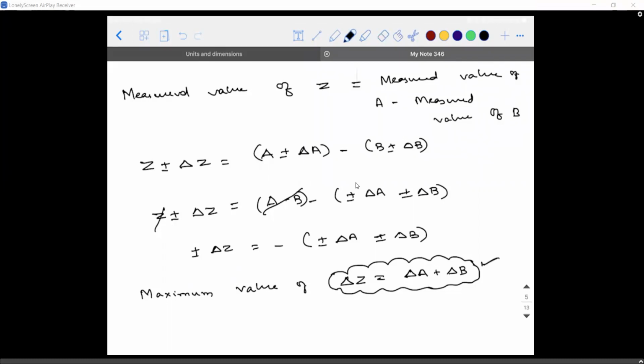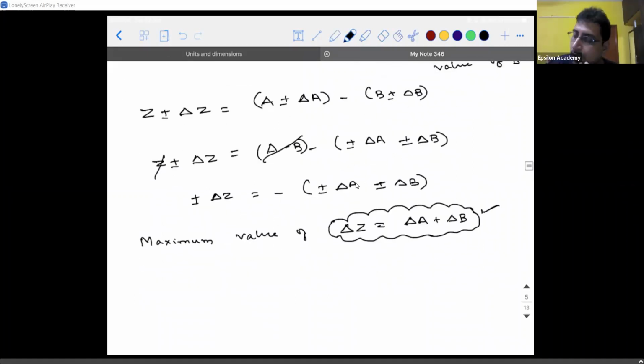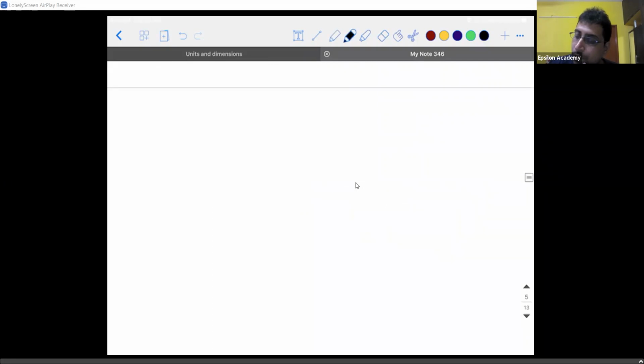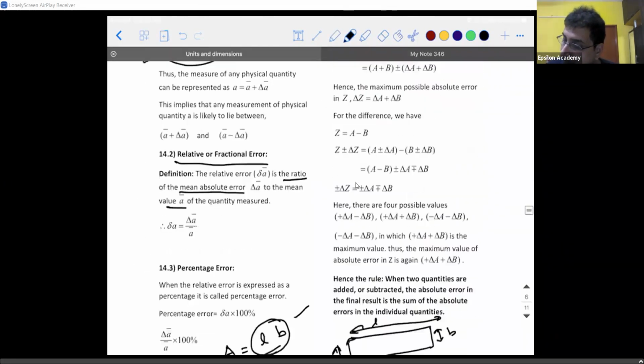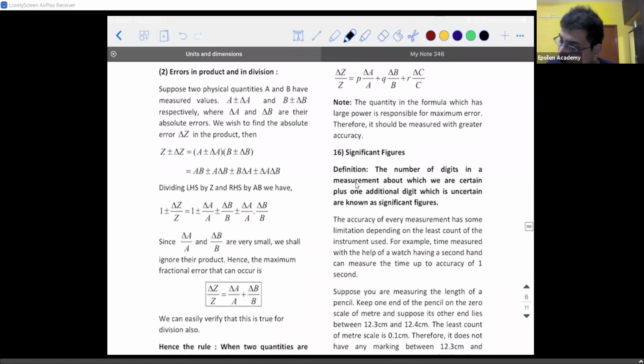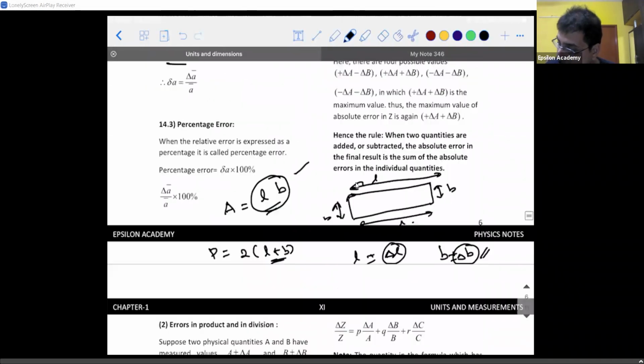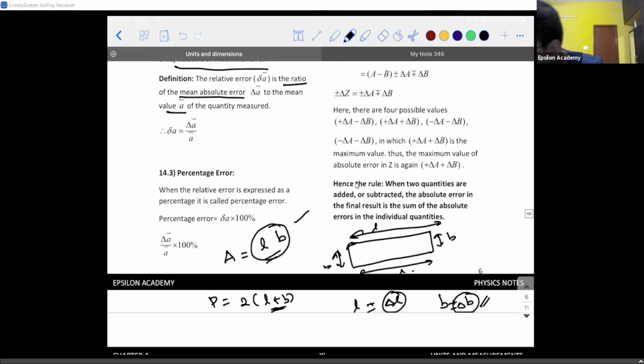The next type of combination we are going to see is product. Please make a note of this point before that.